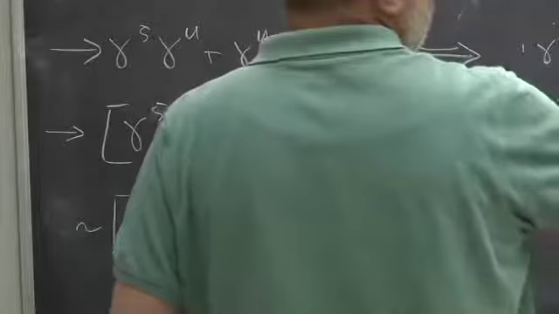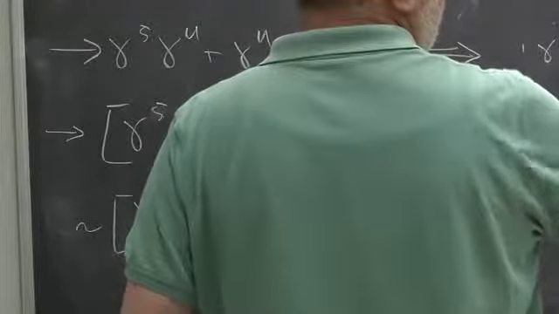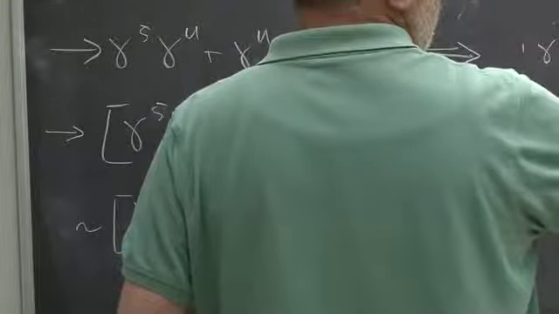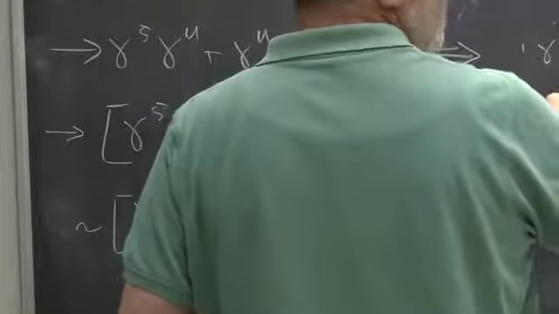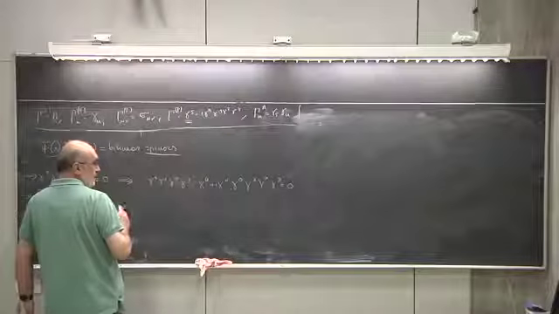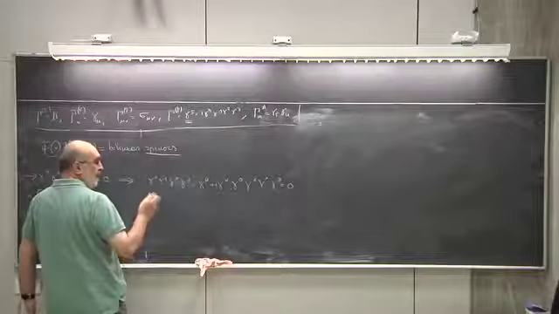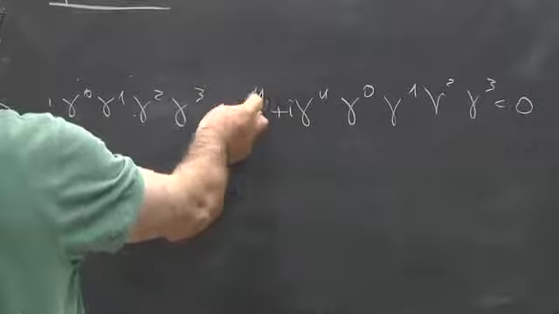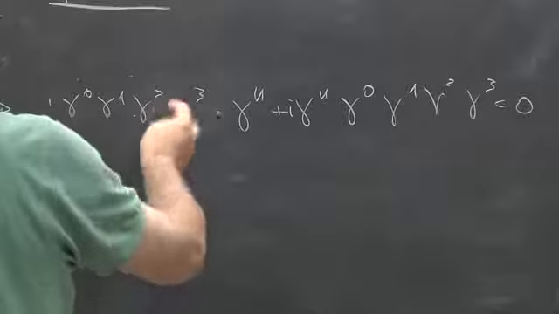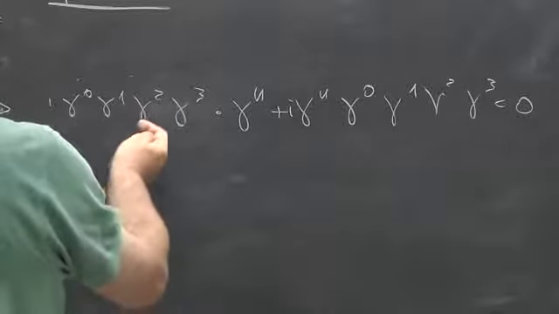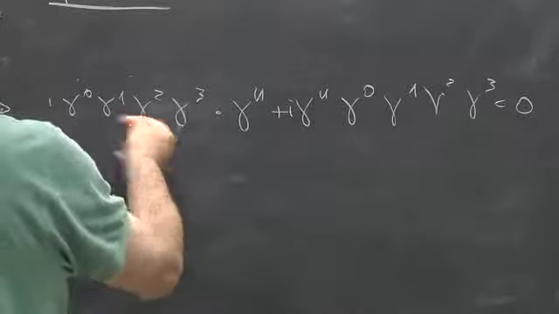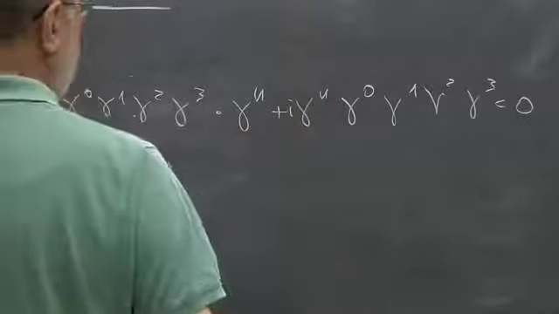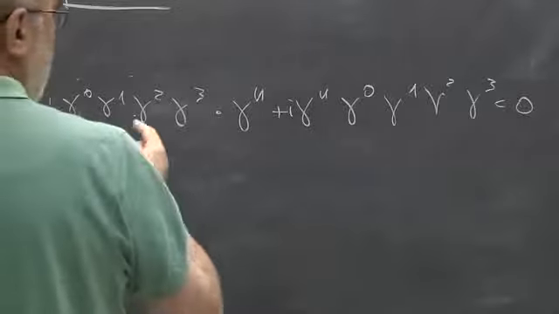Well, every time it passes through these 4, it always gets a minus, except when it meets something that is the same. For example, suppose gamma mu is gamma 2, then here it does not pick up a minus sign, but what I can do is continue with the gamma 2 that is on the left, without exchanging the 2. So I know it does not pick up a minus sign.